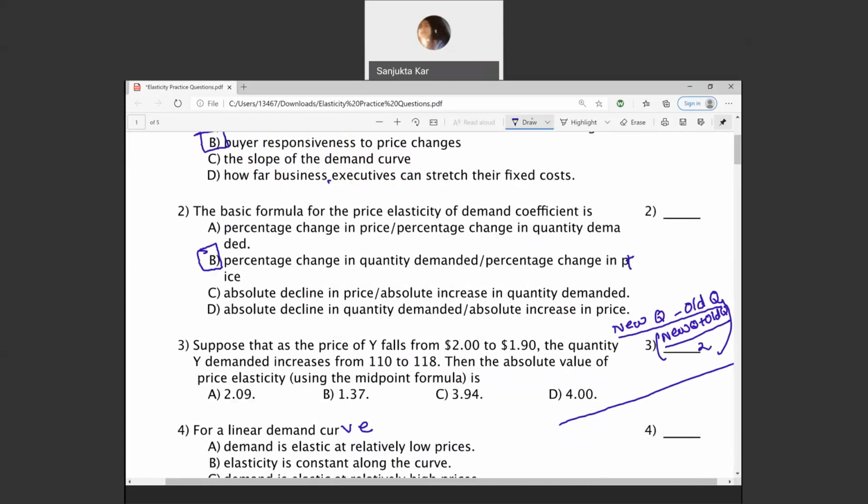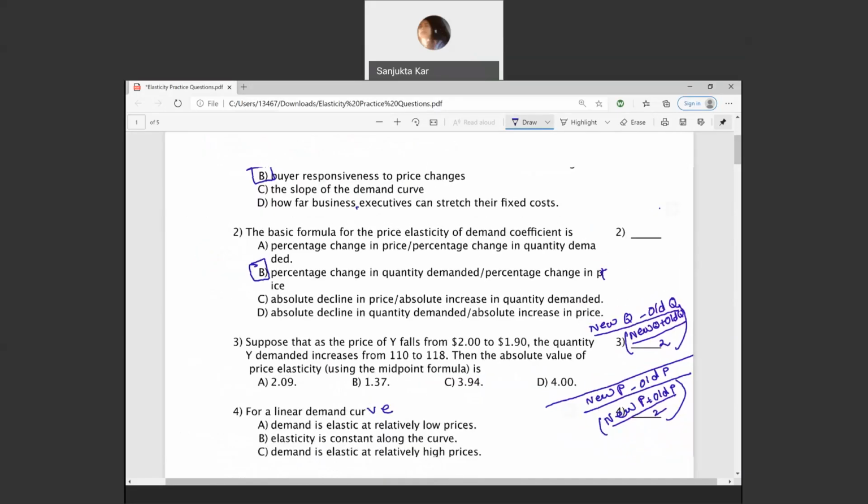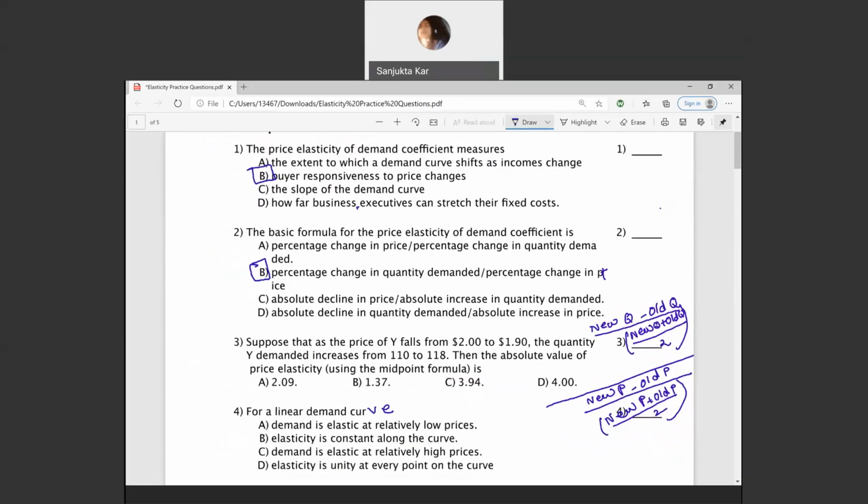This whole thing will be over the new price minus the old price over the average of these two prices, new price plus old price over 2. I can basically multiply the numerator times 100 and the denominator times 100, but because the hundreds cancel out each other, I'm just going to omit writing that.